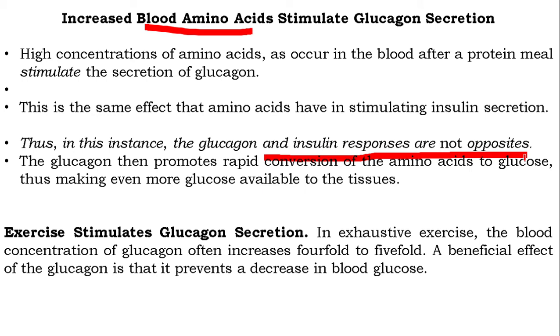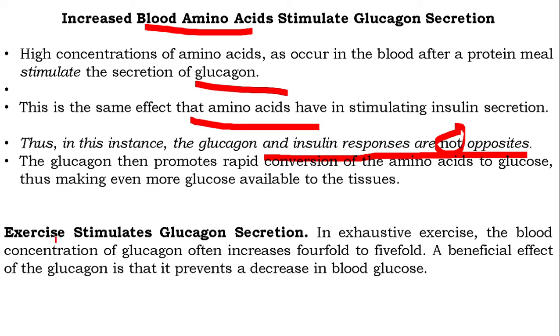Because insulin actually increases the availability of amino acids etc. in the cells, uptake of glucose in the cells. And you see this influence of glucagon is at par with that of insulin. They are not opposite to each other. This is an exceptional case actually.